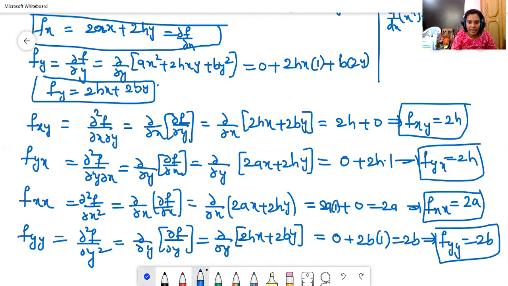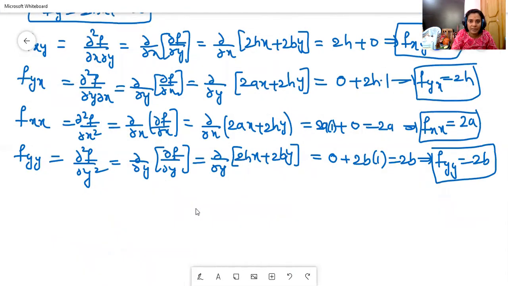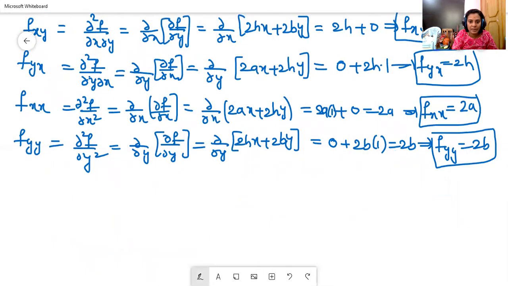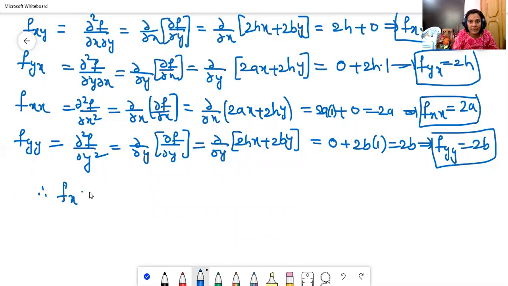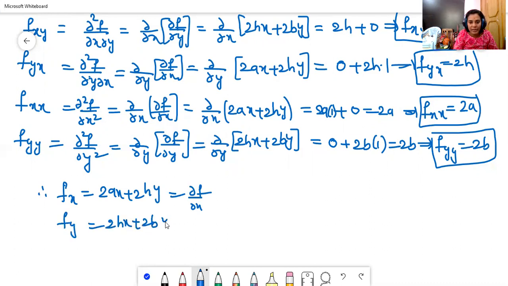Therefore, we can write: f_x equals 2ax + 2hy, that is ∂f/∂x, and f_y equals 2hx + 2by, that is ∂f/∂y.